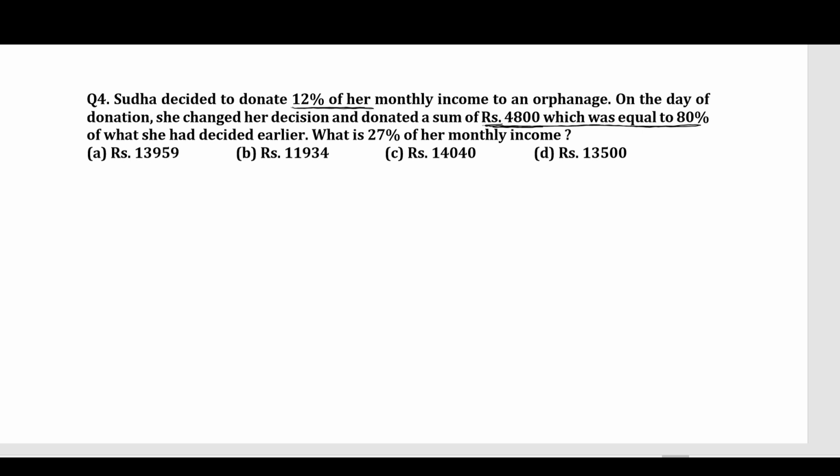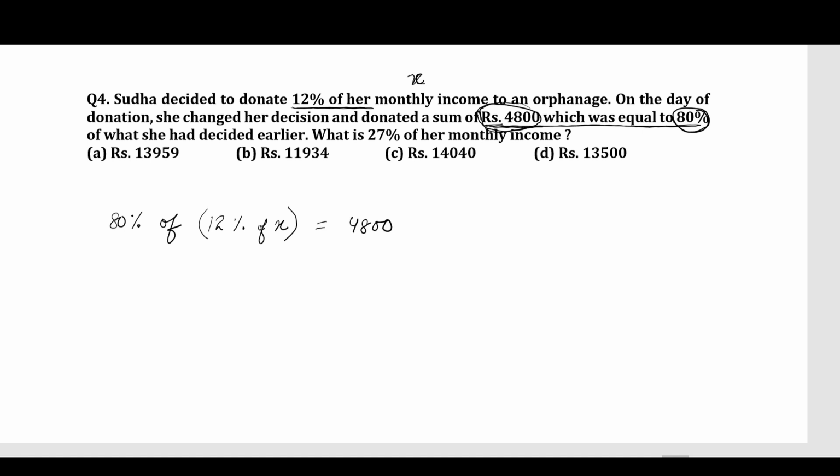Let the monthly income be x. She decided to donate 12% of x, and 4800 is 80% of that. So 80% of 12% of x is equal to 4800.